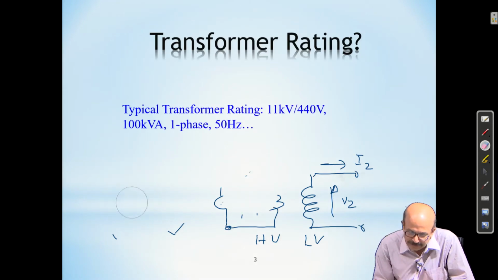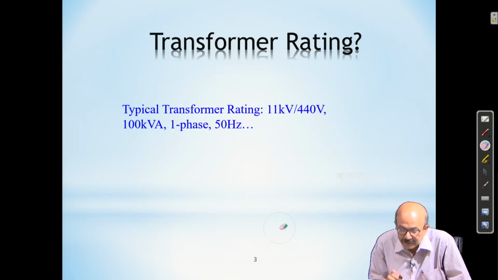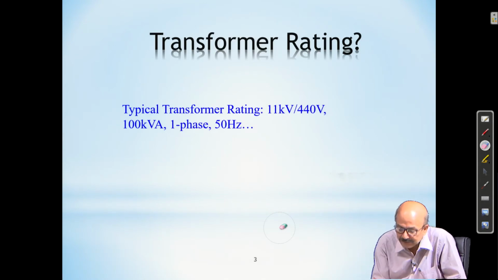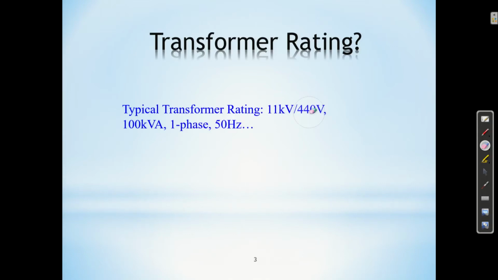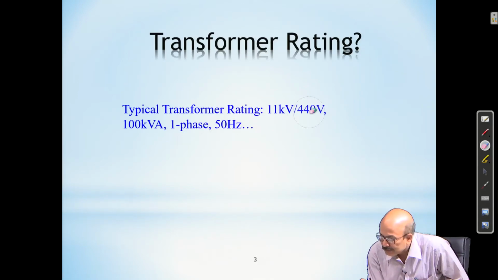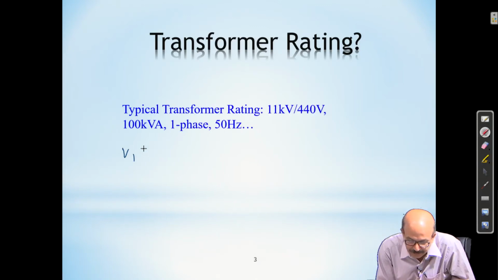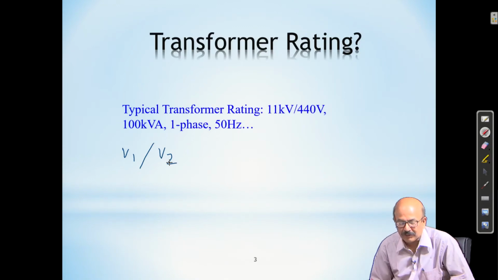Yes, we already discussed transformer rating the last time. Typical transformer rating: you have voltage rating, high voltage side and low voltage side, volt ampere rating, single phase or 3 phase, 50 hertz like that. One aspect about the rating I would like to mention here: when you talk about these 2 voltage ratings, say V1, V2, in this particular case it is 11 kV and 440 volts.